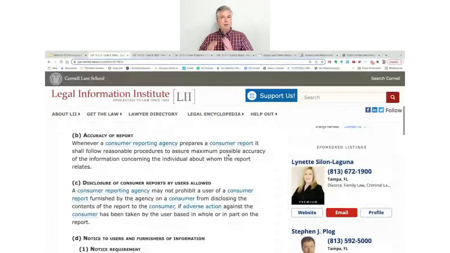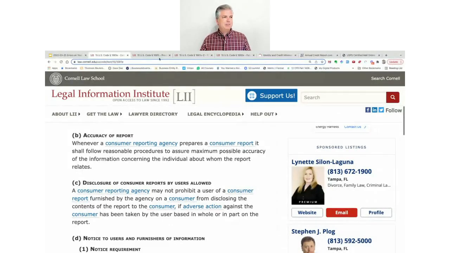Now, when a credit bureau knows that you have an account opened in 2015 and you file bankruptcy in 2021 and get a discharge in 2021, and that same account that was opened back in 2015 is reporting with a balance, they should go, wait a minute, that doesn't look right. So they have some responsibility to look at this stuff even before you make a dispute.